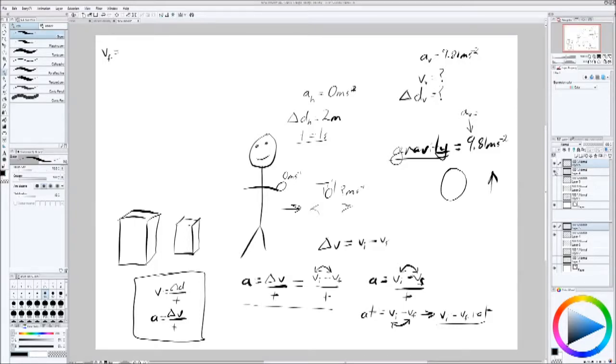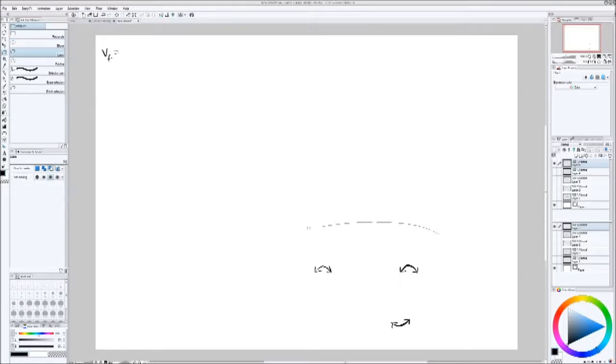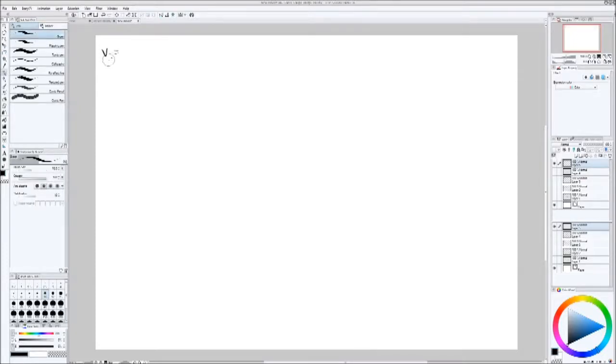That's why that should be there. That was my mistake. Therefore, let's just get rid of all of that. Clear that out. And then we can also change that to initial. So the initial velocity was equal to the final velocity plus the acceleration times the time.